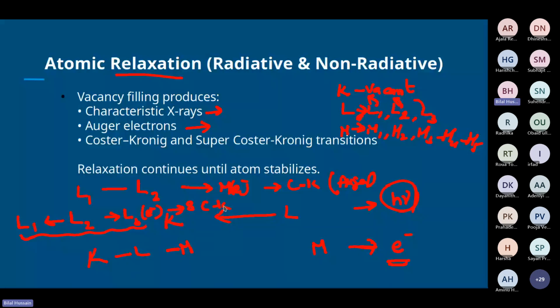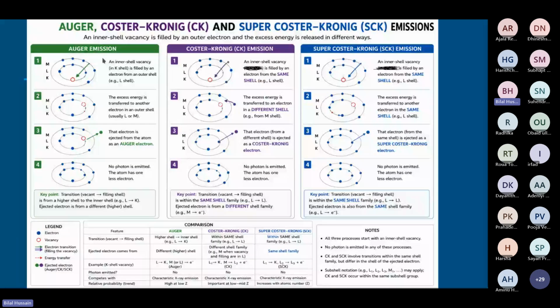Anything is possible. So we have Auger electron emission. We have Coster-Kronig, in which the transition takes place within the same family, but the electron emission can be from any other shell. Super Coster-Kronig is where all three shells involved are from the same family.